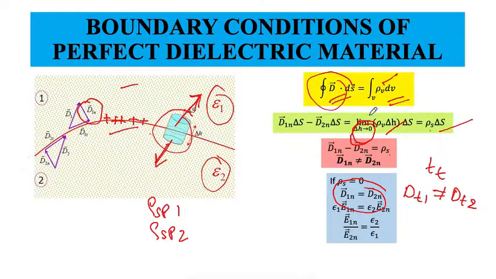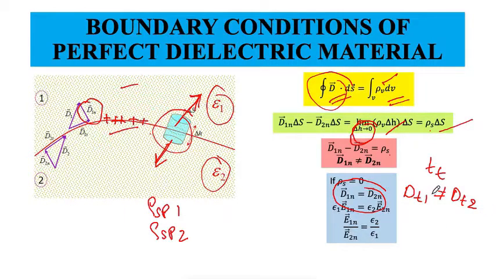These are the two different vectors of the D field. So you will see that D2 and D1 by themselves are not equal. Only the normal components of D1 and D2 are equal to each other, when the tangential components are not equal.